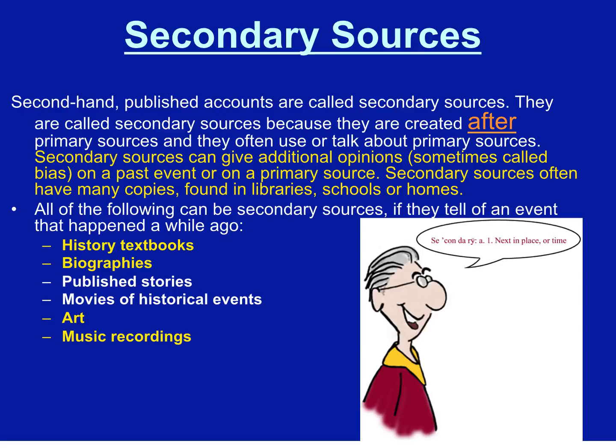All of the following can be secondary sources if they tell of an event that happened a while ago: history textbooks, biographies, published stories, movies of historical events, art, and even music recordings.